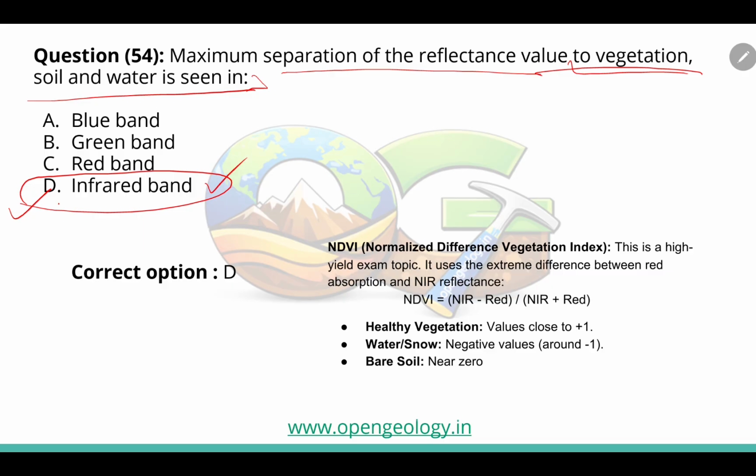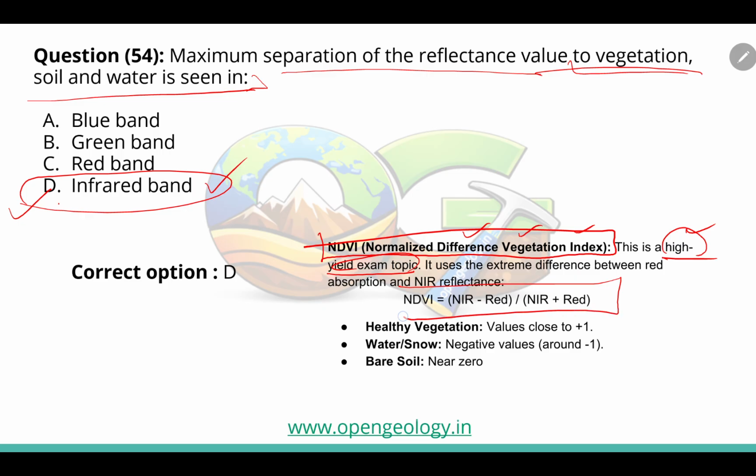Now other calculations can be used in remote sensing. One of the important ones is NDVI, the Normalized Difference Vegetation Index. It is a high yield exam topic, very important. They can simply ask about the formula or about the different values of NDVI.